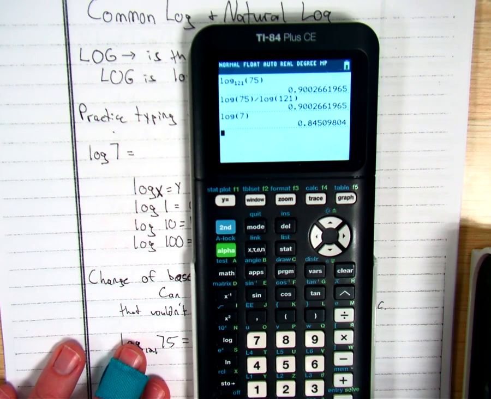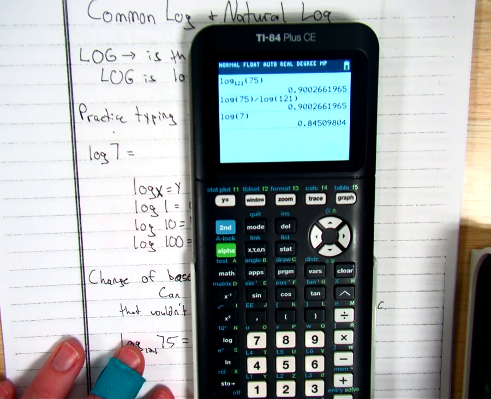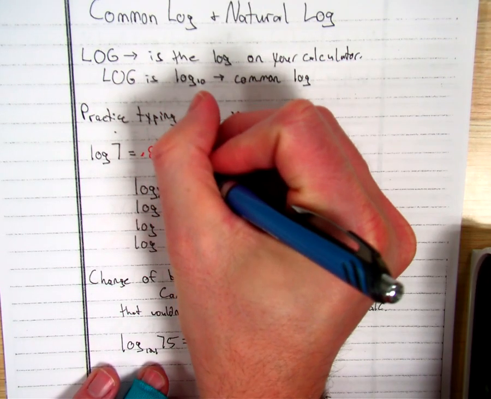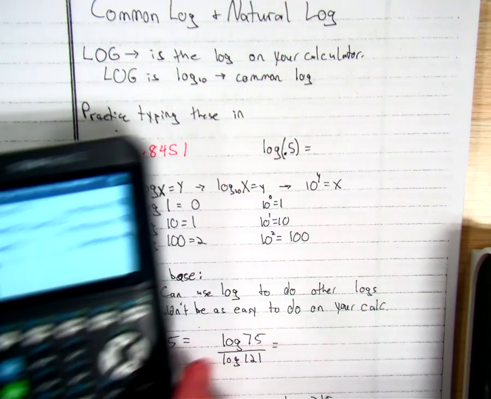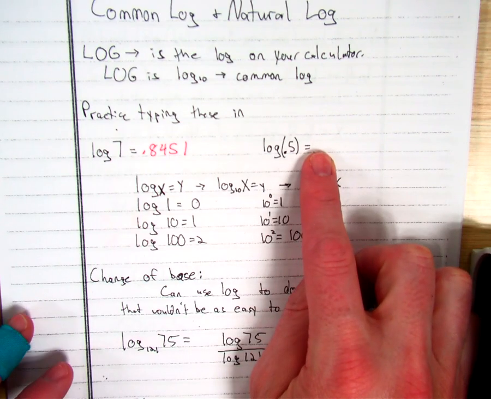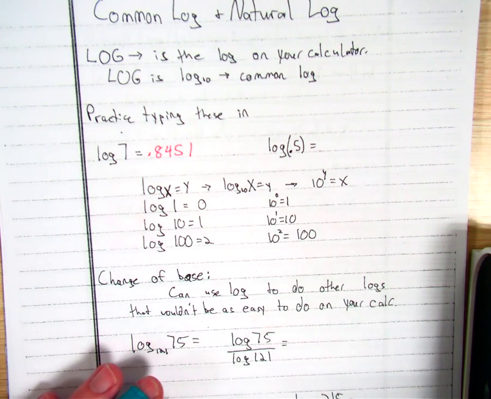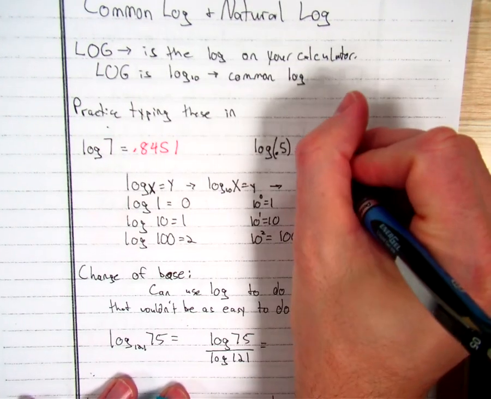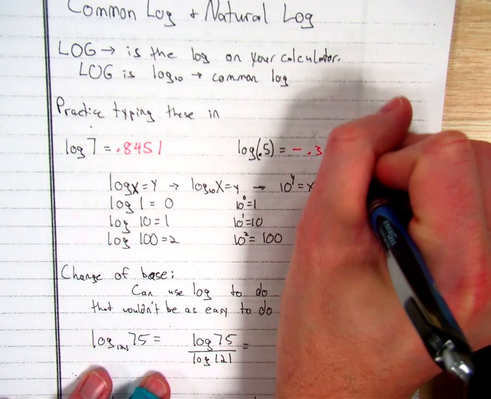We get 0.8450, but the fifth number is a 9, so we'll go 0.8451. Now type in log of 0.5, or a half, and let's see what you get. Hopefully you're getting negative 0.3010.